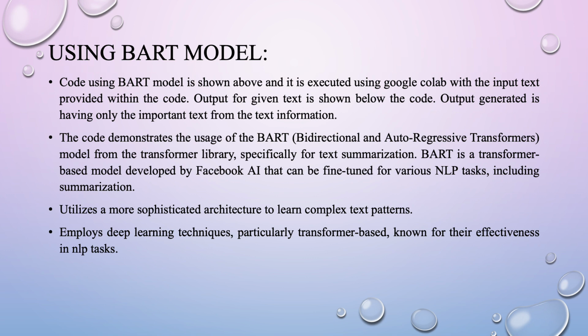But when it comes to NLTK, it offers moderately complex NLP functions but is not specifically designed for state of the art deep learning. It's not meant for deep learning summarization when it comes to complex data. So the BART model employs a more sophisticated architecture that learns complex patterns in the text and generates summaries.